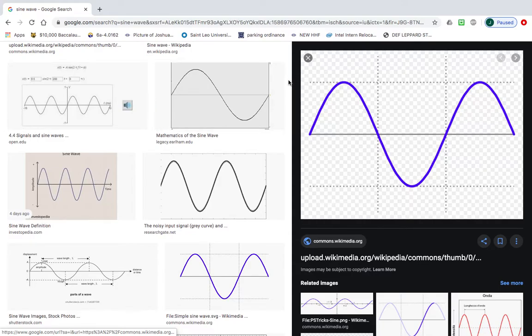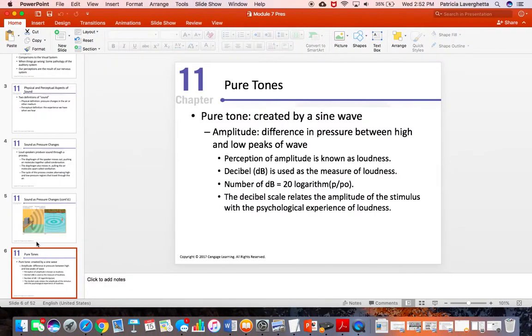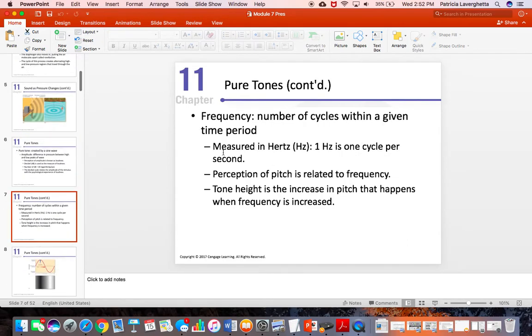If we're measuring a sound, if a sound wave happens to show this pattern, it's called a pure tone, and it's essentially one of the most simple forms of sound that we can experience. But I'm mentioning that because your author goes into that throughout the chapter, and there's the pure tone.